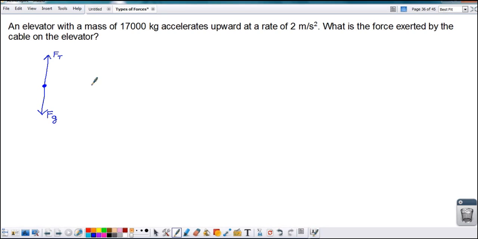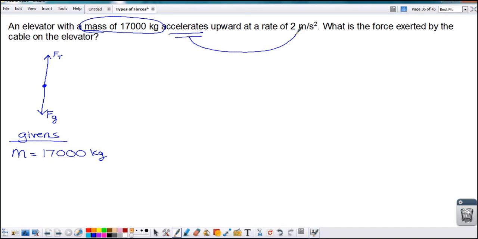Then we're going to go ahead and write down our givens. Well, what do we know? It says an elevator with a mass of 17,000 kilograms. So I'll write that down. The mass is 17,000 kilograms. And it accelerates upward at a rate of 2 meters per second squared.